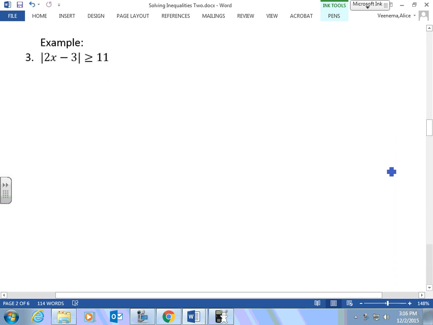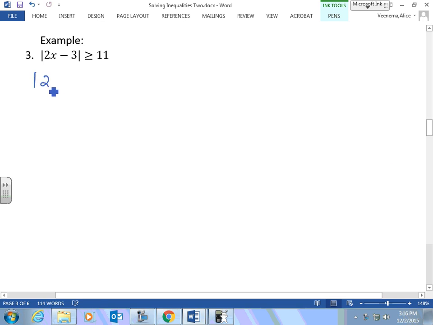Okay, so here's an absolute value inequality. Let's go through the steps of solving it using the idea of boundary points, okay? If the absolute value of 2x minus 3 is greater than or equal to 11, the first step is to solve it as though it's equal to 11.